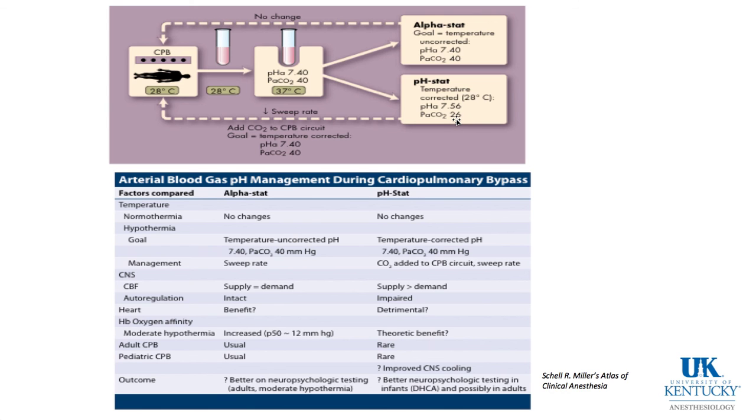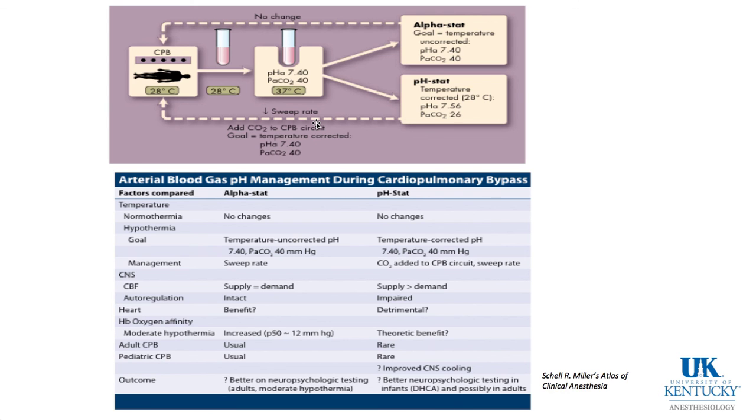And if the CO2 is lower, the pH is higher, apparent respiratory alkalosis, so it looks like you have a very high pH. And so you say, aha, CO2 is too low. I need to add CO2 to the circuit. And pH stat may add CO2 to the circuit or lower the sweep rate, which is the liters per minute going past the oxygenator of a cardiopulmonary bypass system.